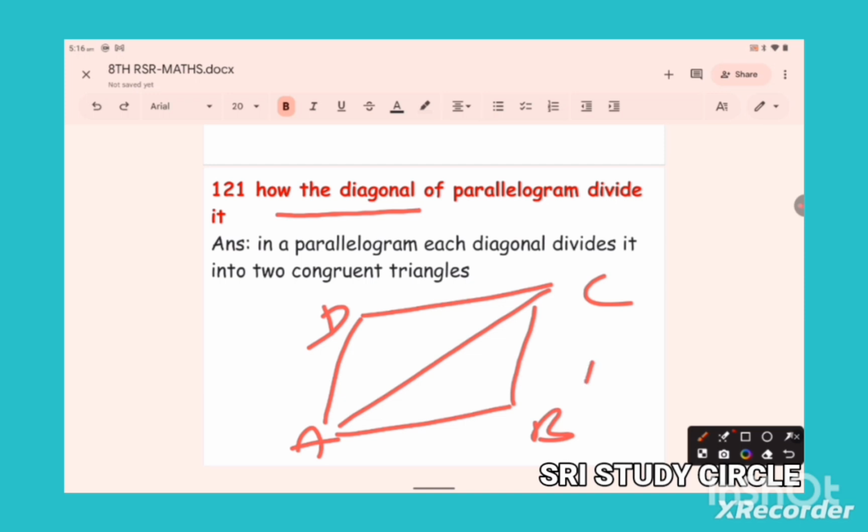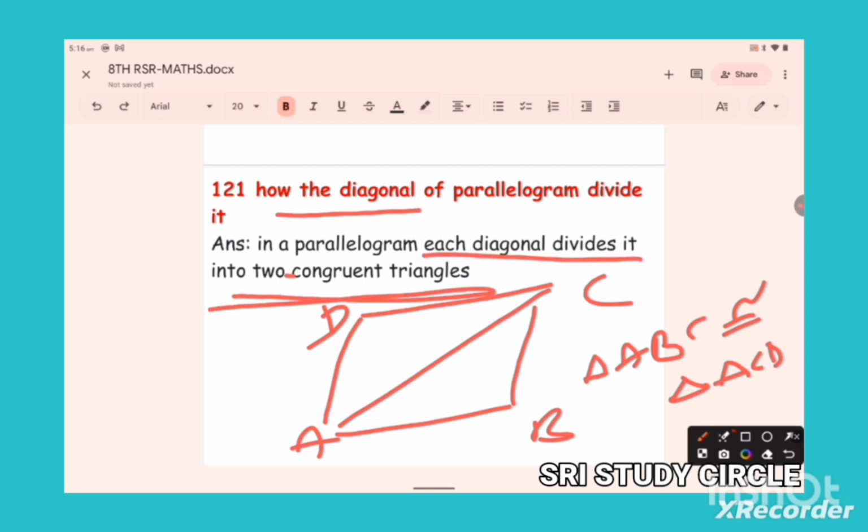So here triangle ABC is congruent to triangle ACD, two equal parts. In a parallelogram, each diagonal divides it into two congruent triangles.